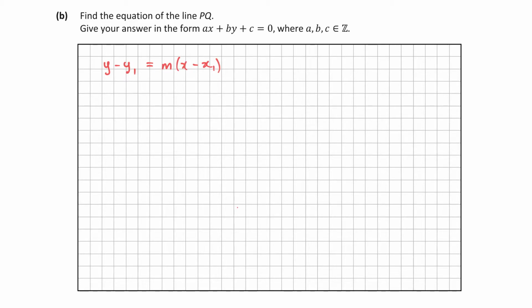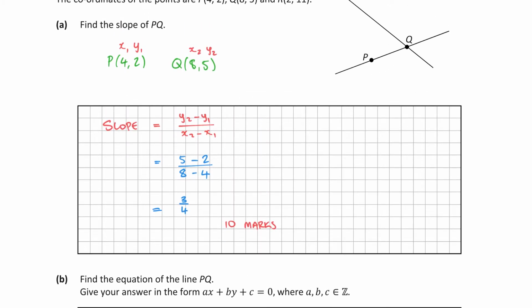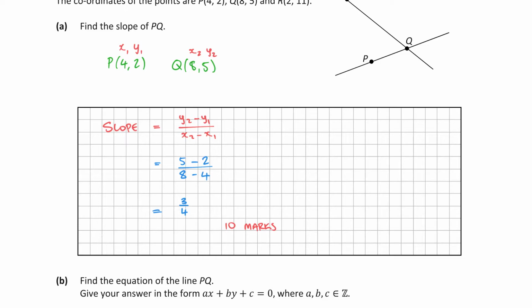We need our coordinates, so we need to pick a coordinate on PQ. The easiest one to pick is just P, because PQ is obviously on P. And the slope of PQ we got from the last part, which is 3 over 4. So I'm going to take the coordinate of P, which is 4, 2, and the slope, which is 3 over 4.